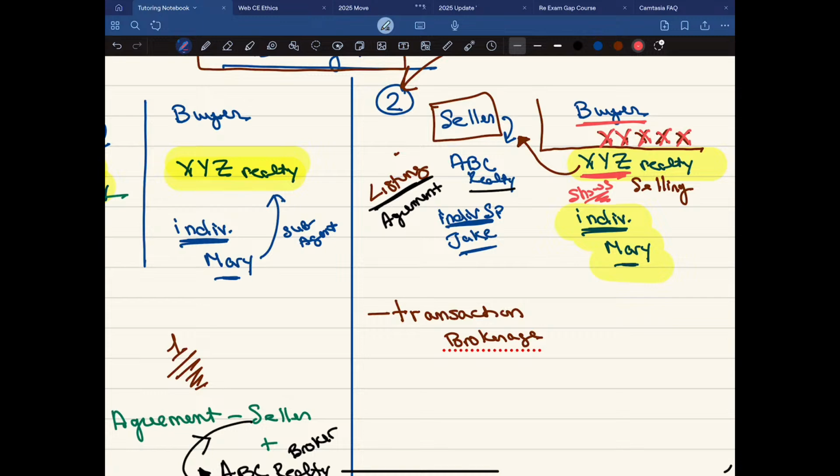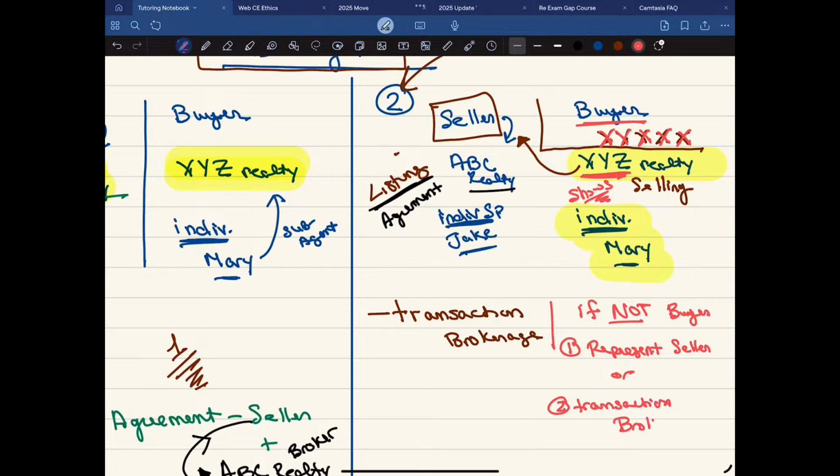If XYZ is not representing the buyer, then there's 2 choices. If not the buyer, then either they represent the seller or they're a transaction broker.